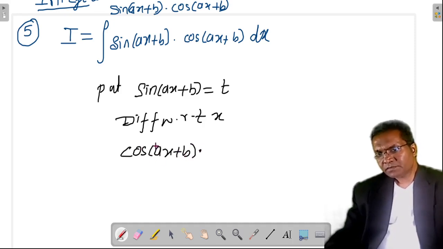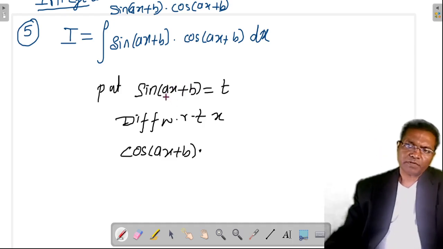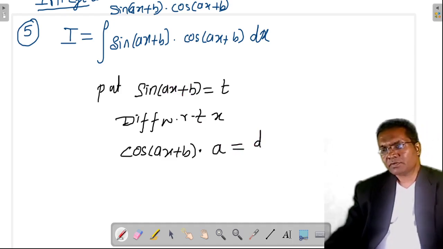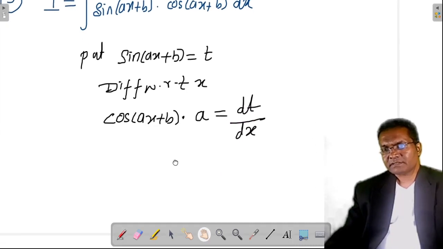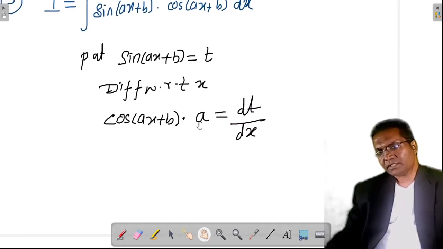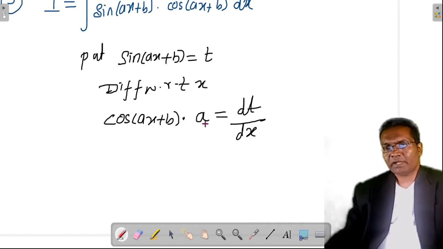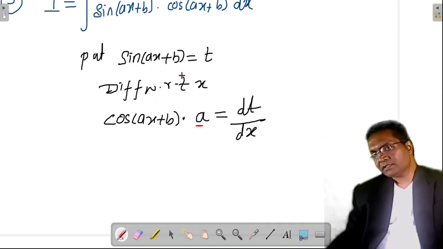Remember, further it is a composite function, sine has ax plus b inside, so you have to write its derivative too. So further derivative of ax is a, equals dt by dx. Remember, this is very important: how a has come. A is the derivative of ax plus b, and derivative of b is 0.